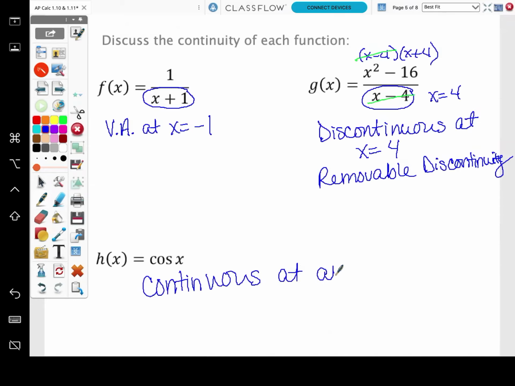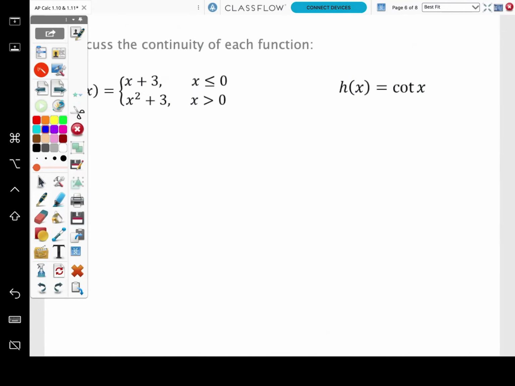At all values of x. Or if you want to get real fancy, when x is an element of the real numbers. So anytime x is a real number, we have a continuous function with cosine, just knowing what it looks like.